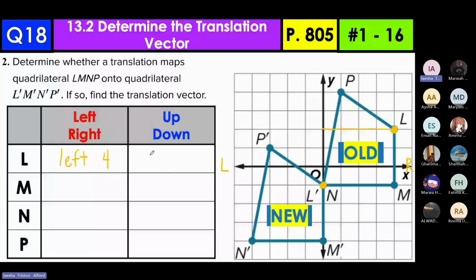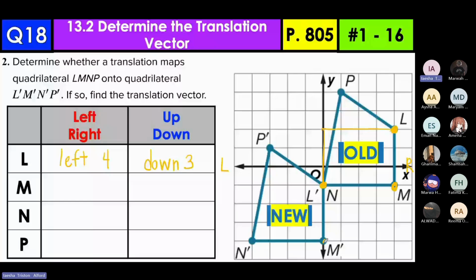We're trying to get from L to L prime. So we went up or went down? Down. How many down? 3. Now from M to M prime.